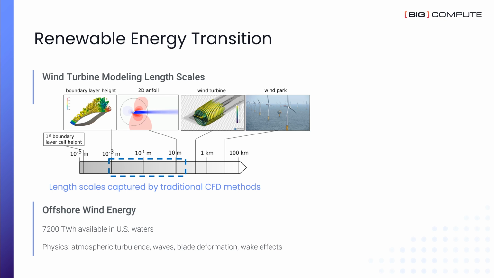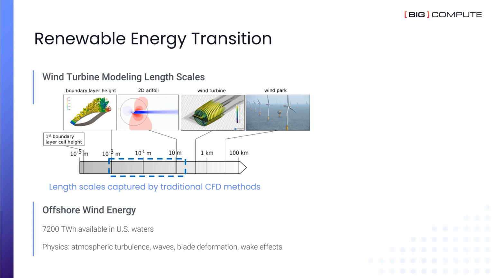Now, there's been a move, obviously, lately away from fossil fuel energy towards renewable energy. There's a large number of problems in the renewable energy space that have many of these features, multiple physics, multiple scales. So here's a prime example: wind turbine modeling. If we think about a wind turbine, we can think about the smallest scales of interest, the small fluid scales around the wind turbine blades.